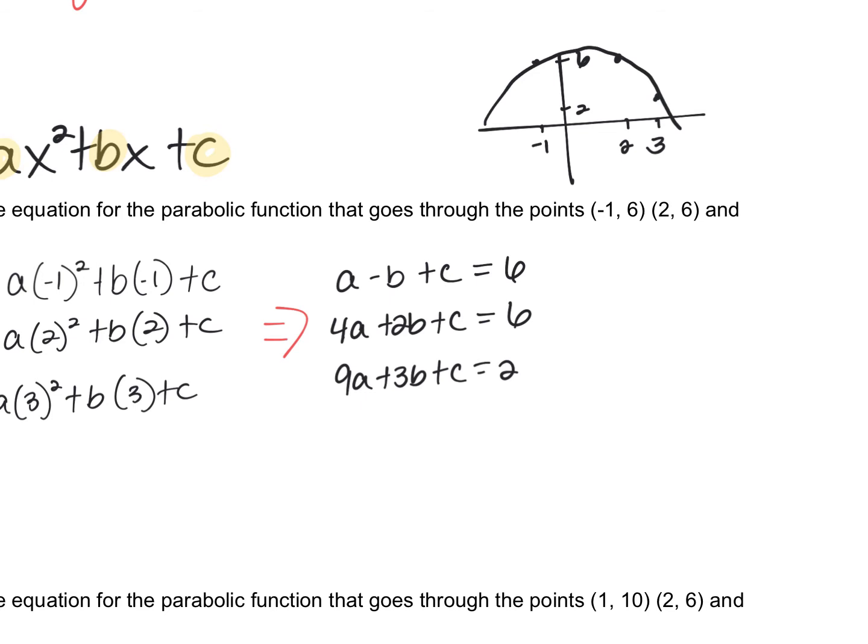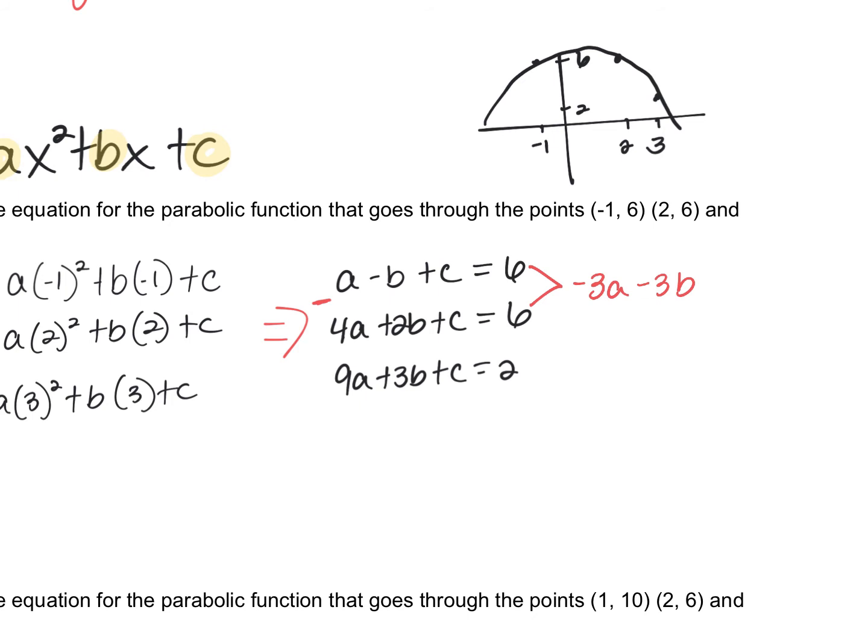So which variable looks like it's the easiest to simplify? I would say definitely the c's, but we are going to have to subtract the equations because they're both positive. So a minus 4a would give you -3a. -b minus 2b would be -3b.